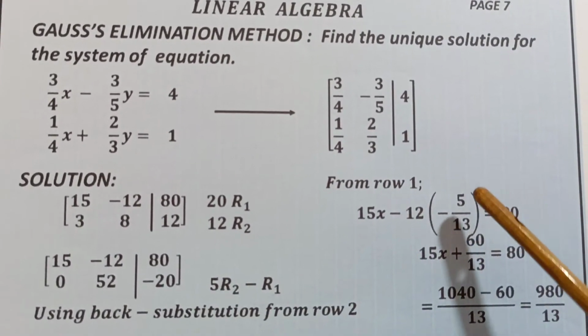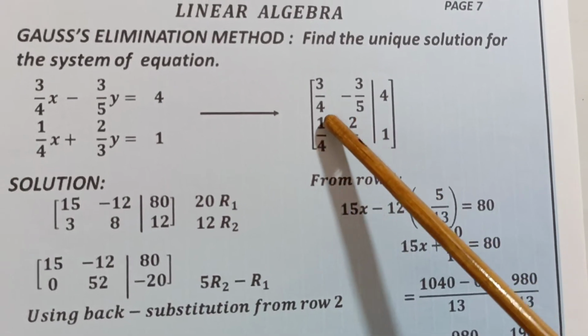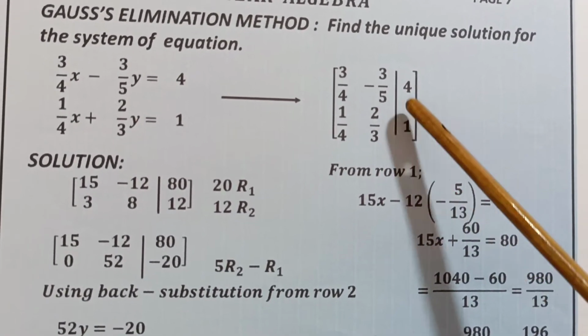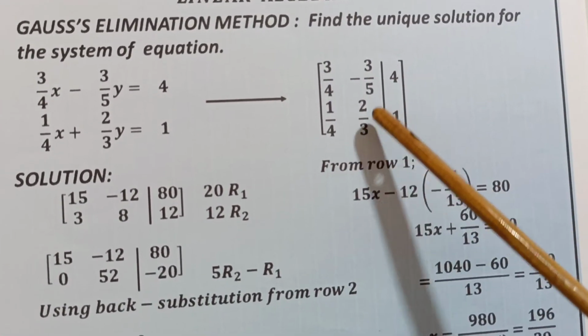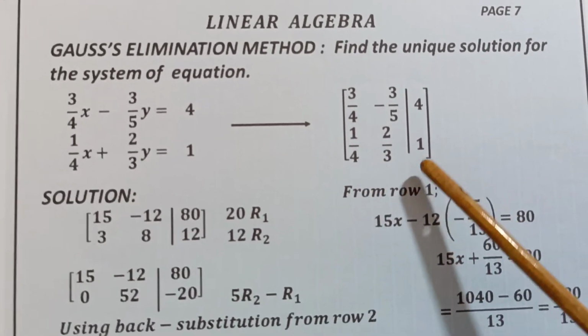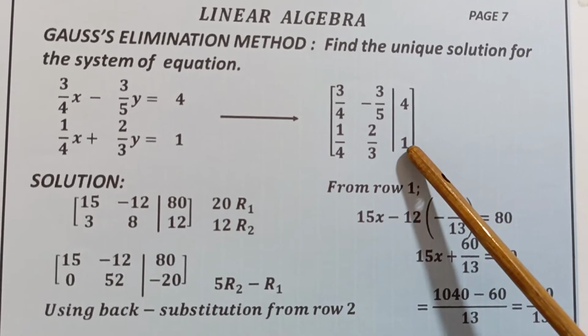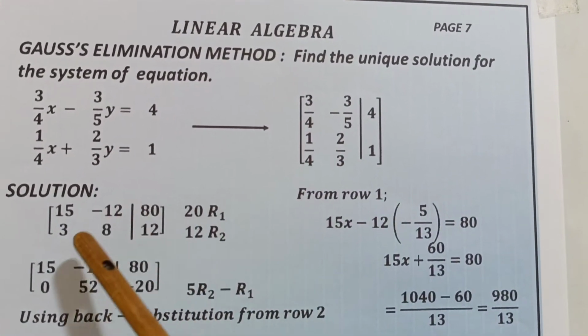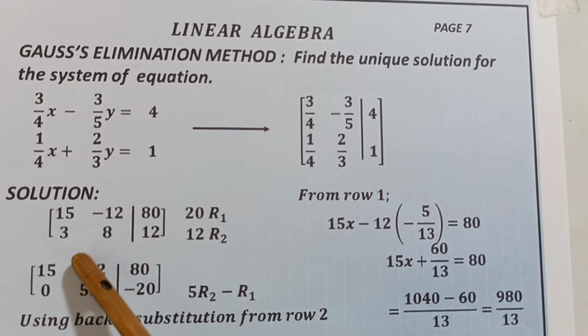So we multiply the first row by the LCD, and also the second row. The LCD for the first equation is 20. The LCD for the second equation, or for row 2, is 12. So if we multiply 20 times 3/4, we get 15.